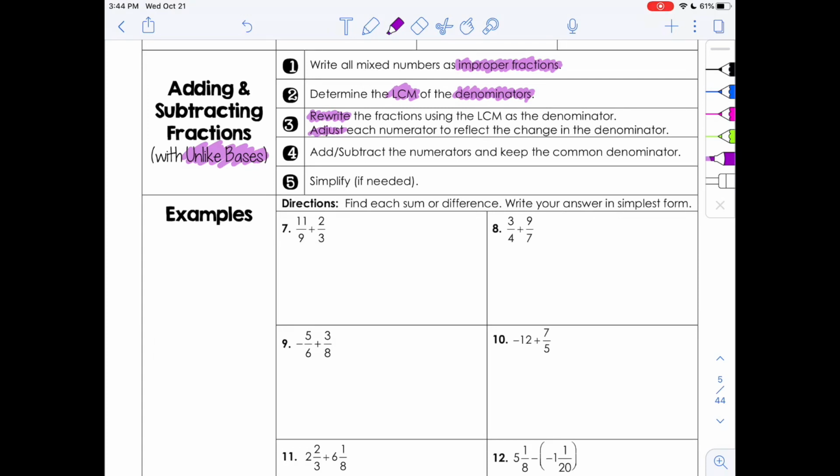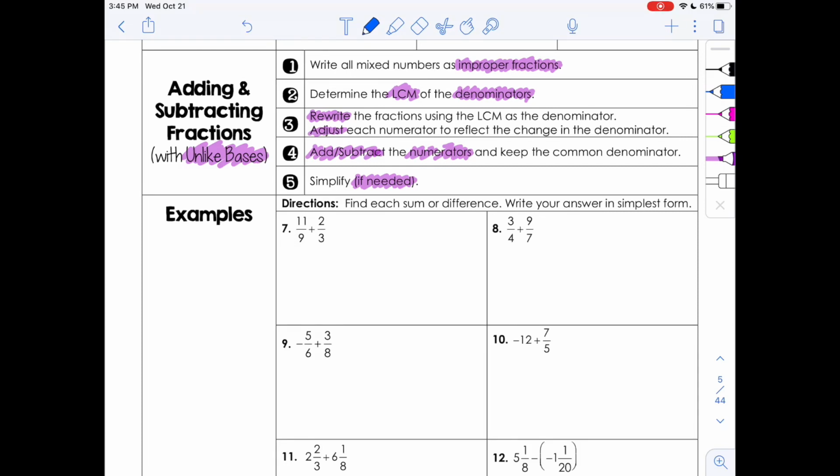Your base should be the same. Then you would add or subtract your numerators, making sure you keep the denominator the same, and then simplify if needed. Remember, with fractions, we always check to see if it needs to be simplified. So let's take a look at how we can apply these steps to a few examples.